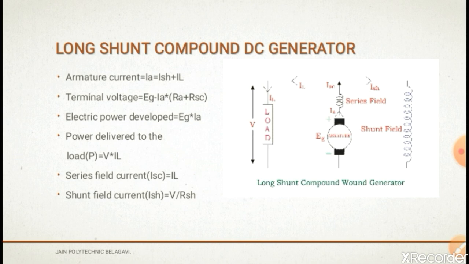In self-excited DC generators, again we have three types: series wound, shunt wound, and compound wound DC generators. In compound generators, we have two types: long shunt and short shunt DC generators. I hope you have understood all the types of generators, their equations and applications. In the next video, I'll come up with some new topics.